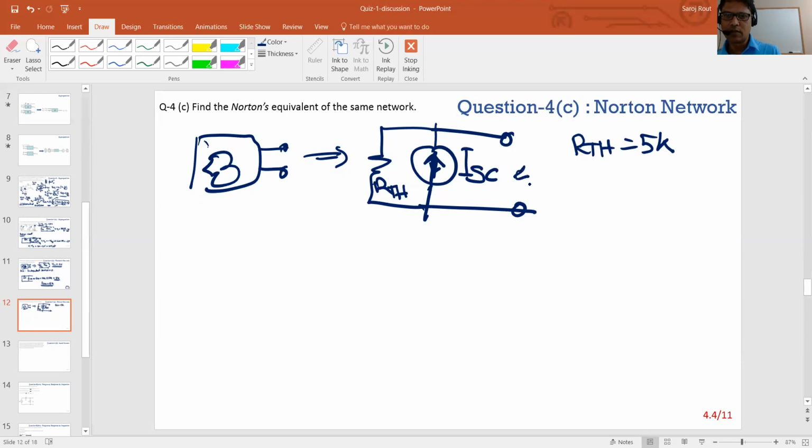So we need to find this short circuit current, and I saw a lot of people make one mistake, which I'll point out. In order to find the short circuit current, again, you have to use the superposition principle, because you have two independent sources, right? So let's make V1 equal to 0 first. If you make V1 equal to 0, then the voltage source is shorted.